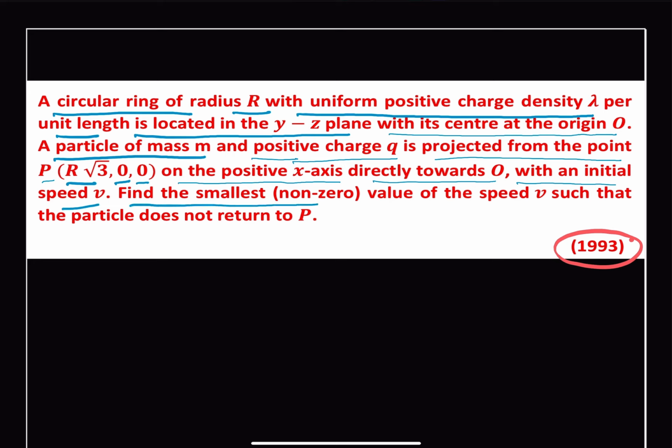Find the smallest non-zero value of the speed v such that the particle does not return to P.